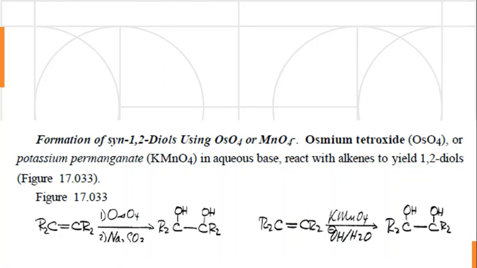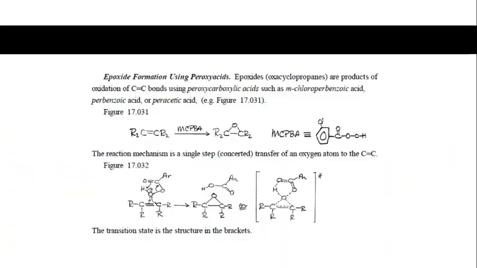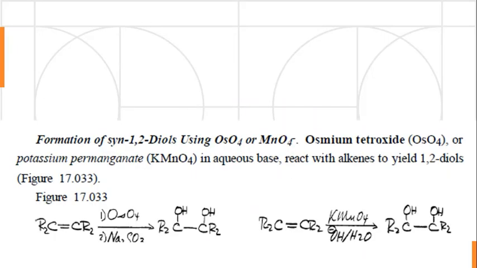The same kind of reaction can also be performed by the KMnO4 in presence of the base and water, also resulting into the diol. But this diol is a syn diol. In the epoxide we saw that it is the anti diol, but this reaction results in the syn diol formation.